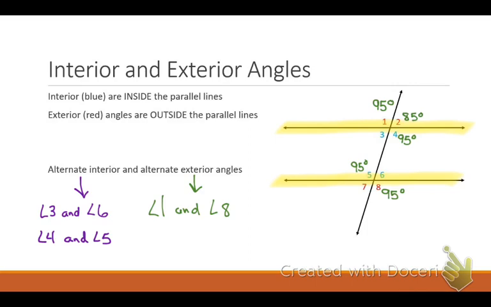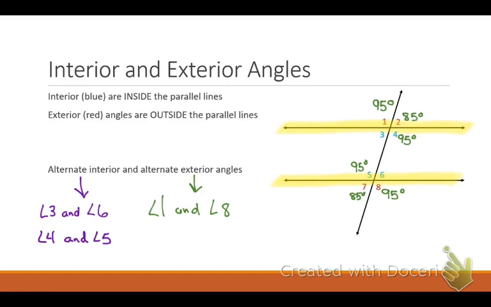What if you had to go straight from angle 2 all the way down here to angle 7? Because they're alternate exterior angles, it's 85 degrees. But look, guys, it also makes the adjacent pair true, right? 85 and 95, and 85 and 95.